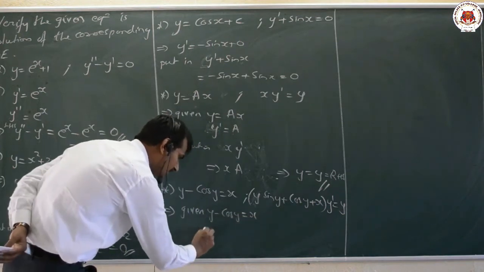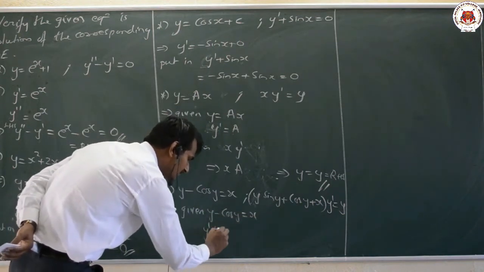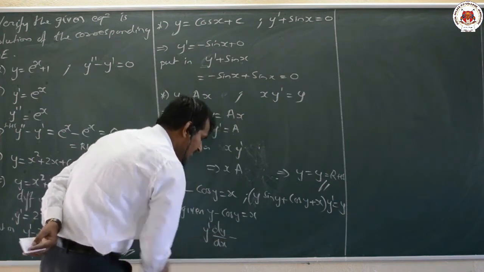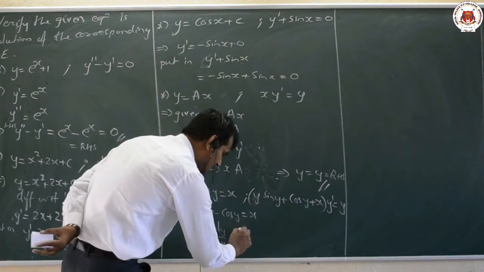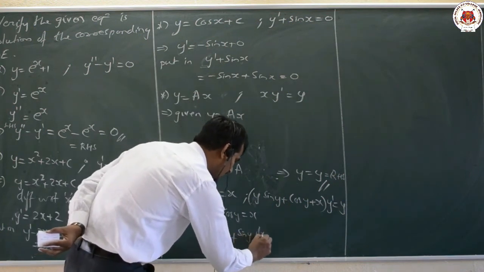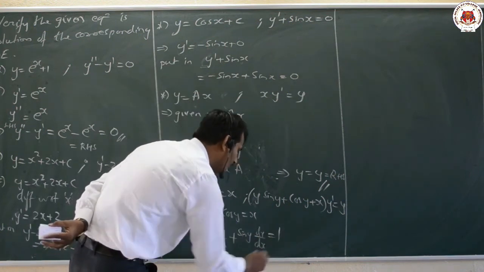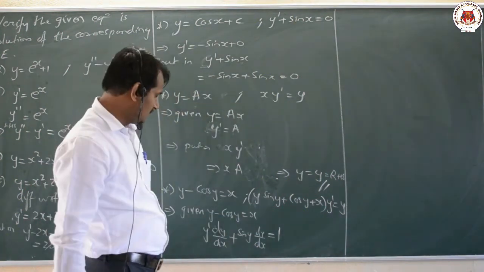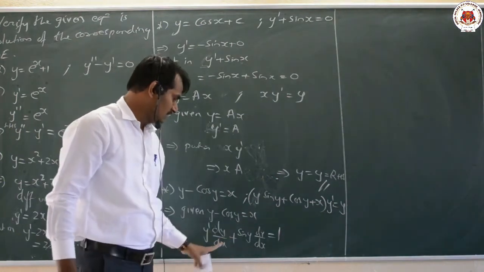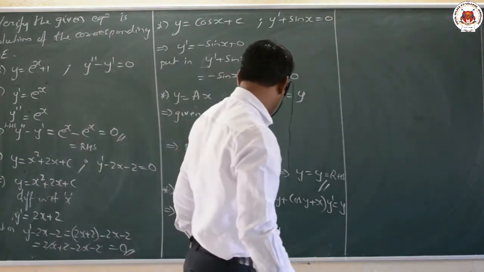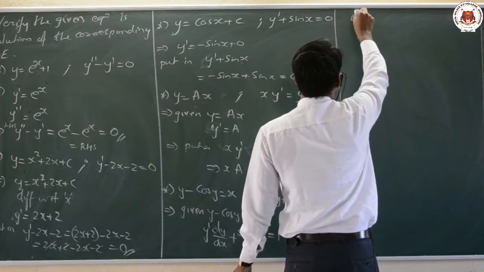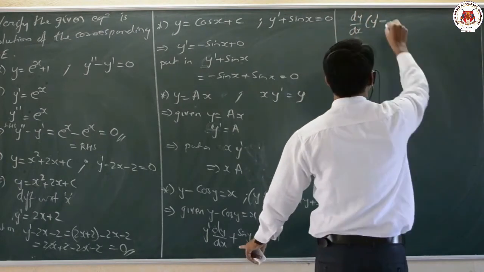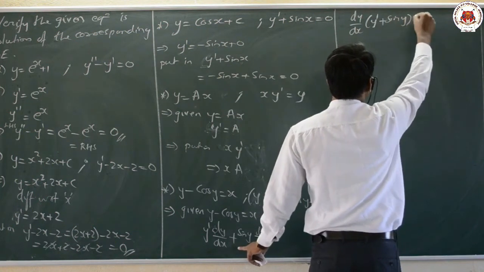Differentiating, y' minus cos y differentiation: y differentiation is dy/dx, and cos differentiation is minus sin, so we get dy/dx + sin y dy/dx = 1. If I take dy/dx common, we get dy/dx (1 + sin y) = 1.